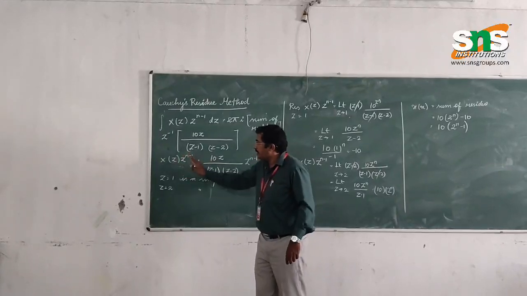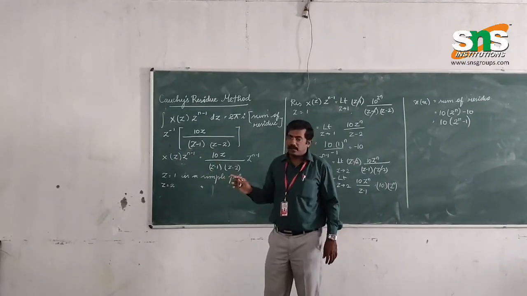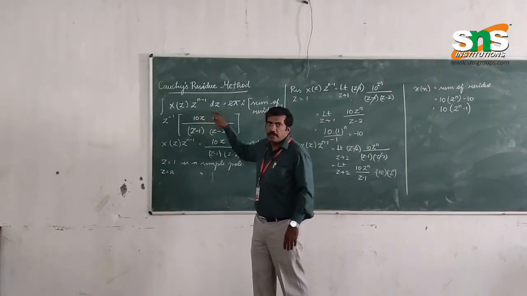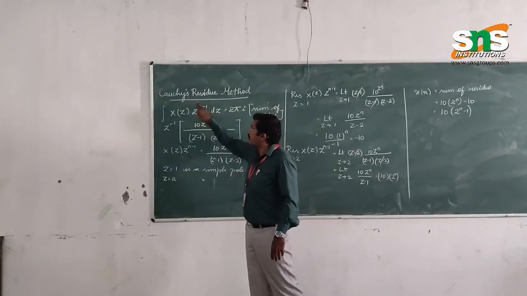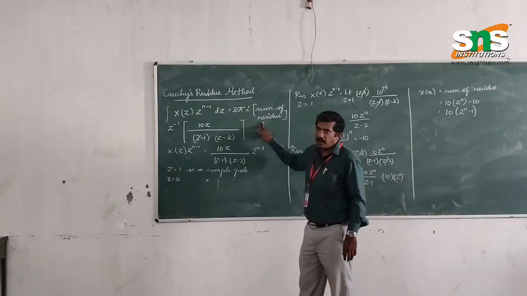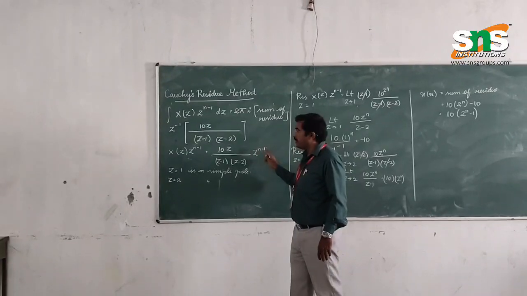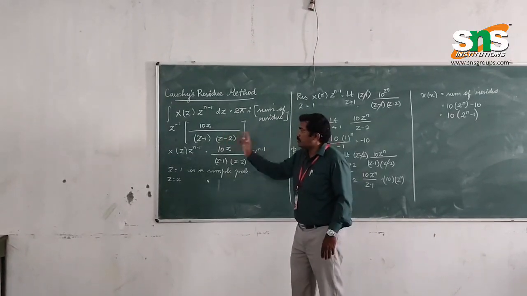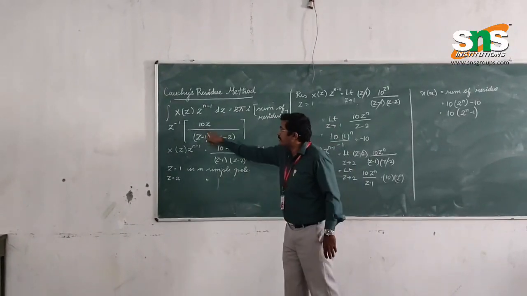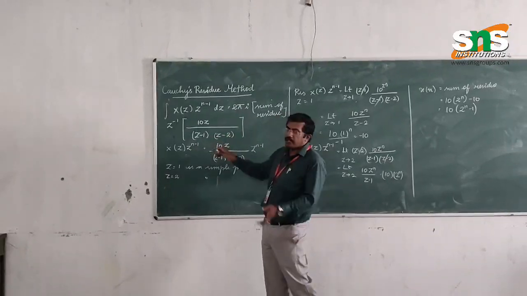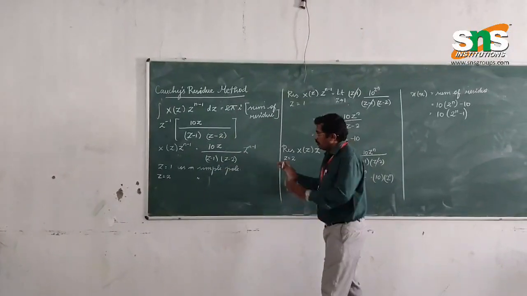I am multiplying with z power n minus 1 as per the concept, because if this concept exists, I can write in this model. So I am multiplying z power n minus 1 on both sides.